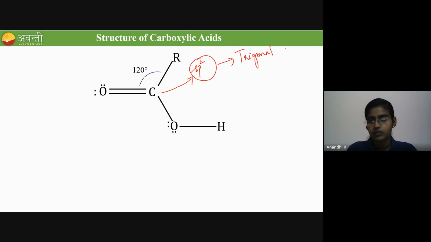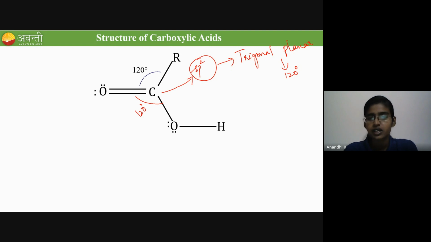If trigonal planar is the geometry of a substance, then the corresponding bond angle value would be 120 degrees. You would have studied this in your 11th standard, right? So that's why the bond angle is 120. Everywhere it is 120. Here also it is 120, and there also it is 120.